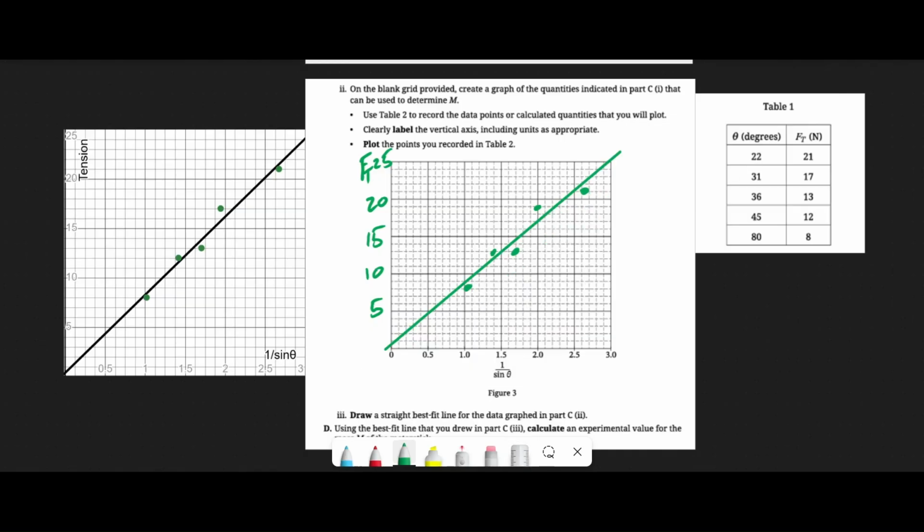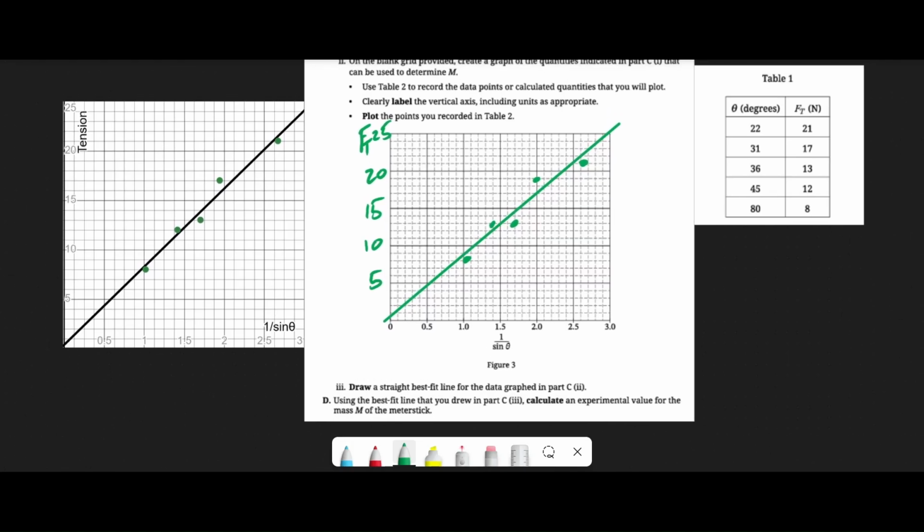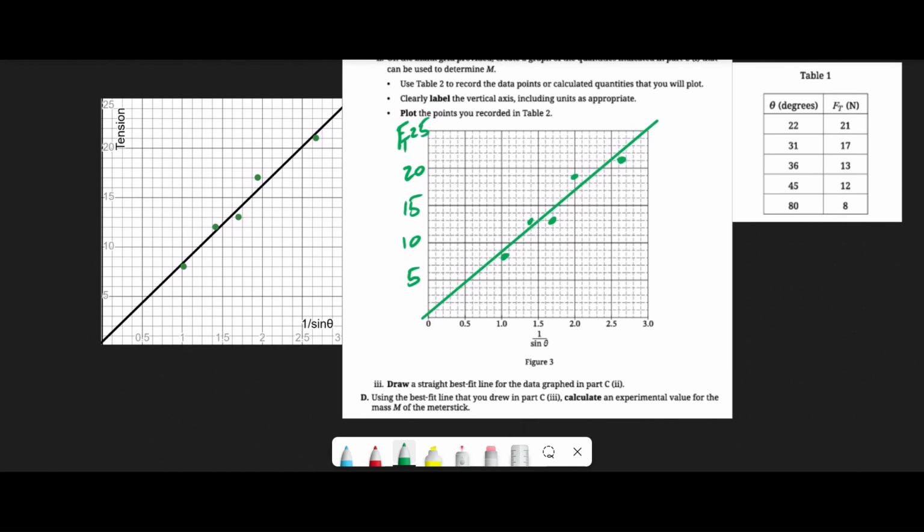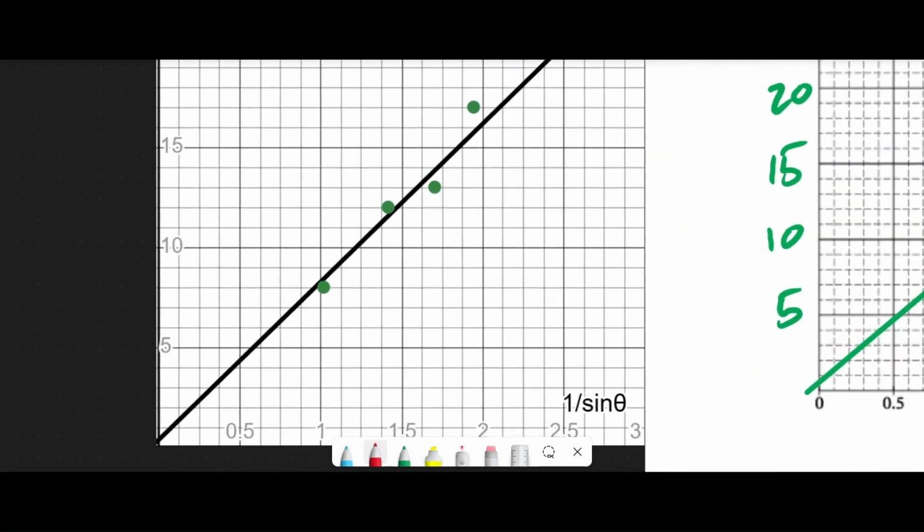And so now I can use this line of best fit to answer the last part of this question, which is to find my mass, the mass of that meter stick. And so I'm going to use my legit data over here instead of that sketched graph. So let me zoom in on this.